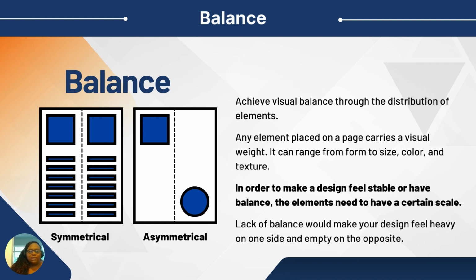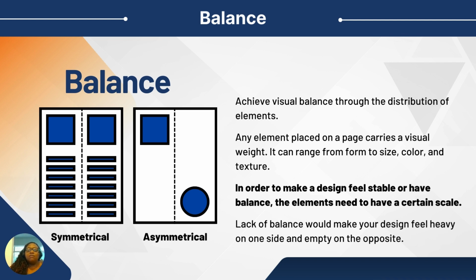We have balance here. Now, on the left hand side, we have examples of what balance can look like from symmetrical to asymmetrical. On the right side, I have our text here. So, balance is achieved through the distribution of elements. Elements need to be placed on a page or, as you see here, on this slide.